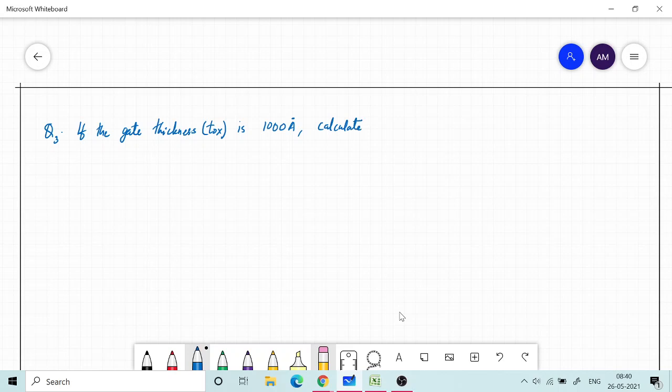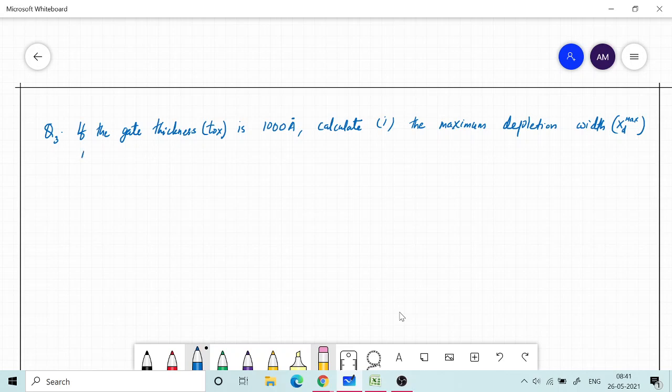calculate number 1, the maximum depletion width. XD is what I have taken for depletion width, so this is like XD max.